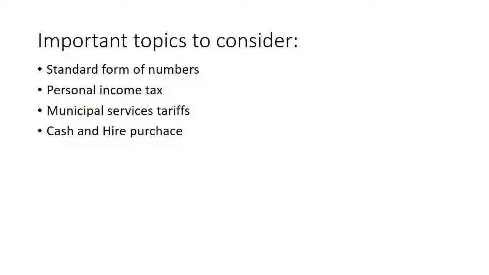Cash and hire service: if you want furniture or even a car, you have two options. You either buy it cash or you buy it on hire purchase, which means you put down a deposit and then you start paying monthly. You should be able to work out, if I do this on hire purchase, at the end of the time how much will I have paid compared to if I just buy it cash.